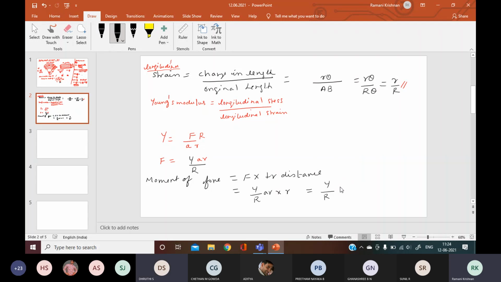Ma'am, the perpendicular distance is R plus r? About the neutral axis, which is r. I have to take about A dash B dash, ma'am?